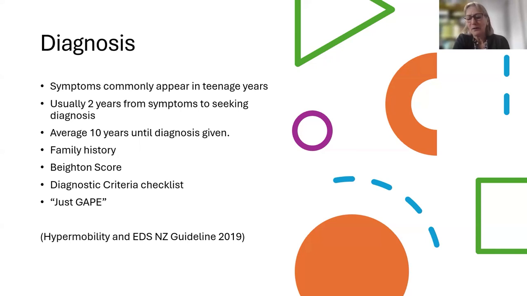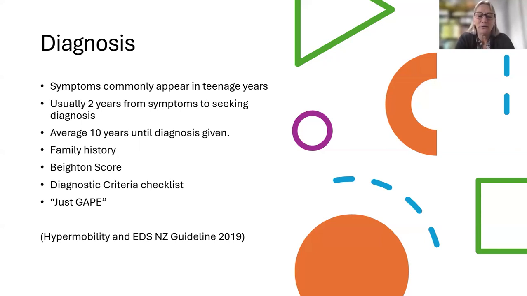And then there's a time from the symptoms becoming a problem, to people thinking, I really need to know what's going on and get a diagnosis here. And this can take a couple of years for that process to happen. And then sadly, international studies show it can be up to 10 years before people actually get a diagnosis.